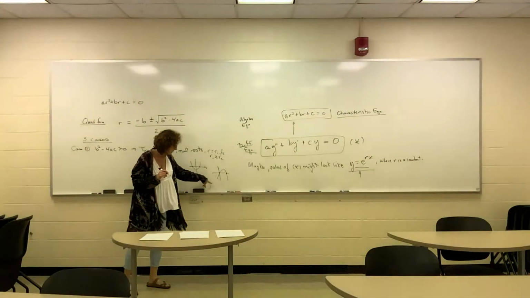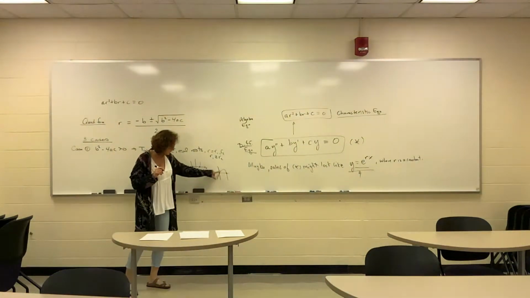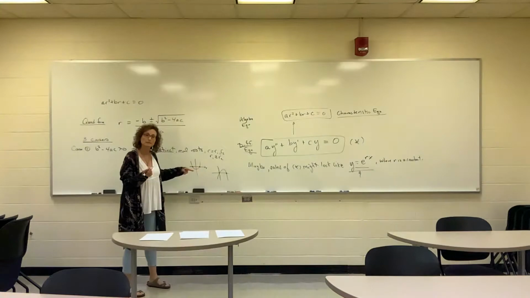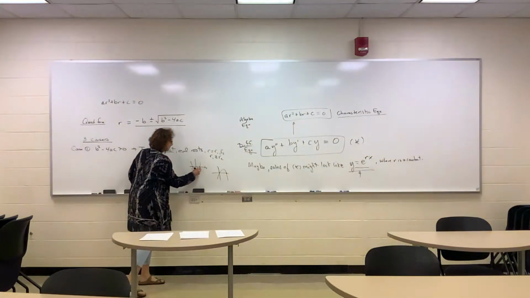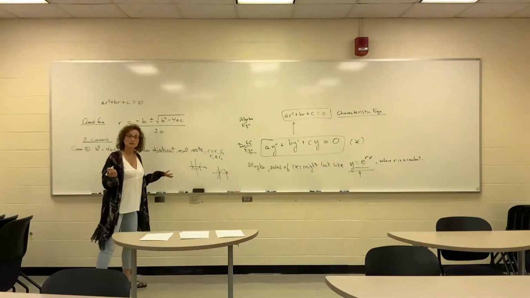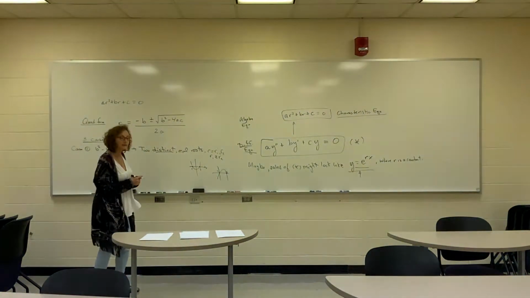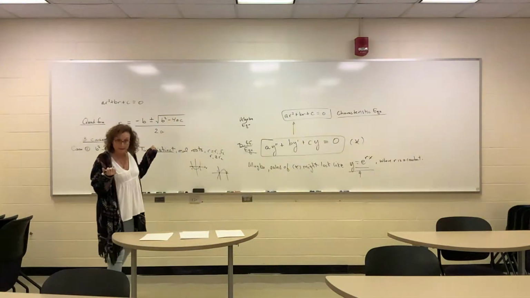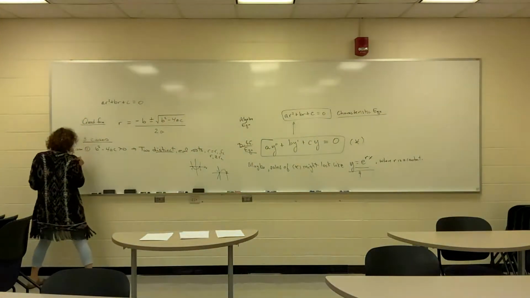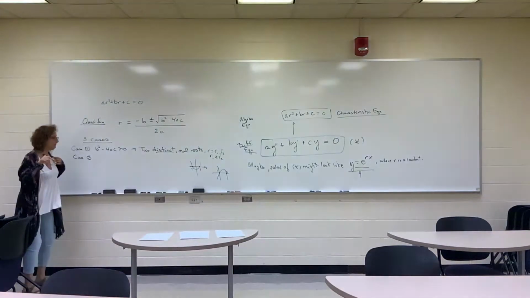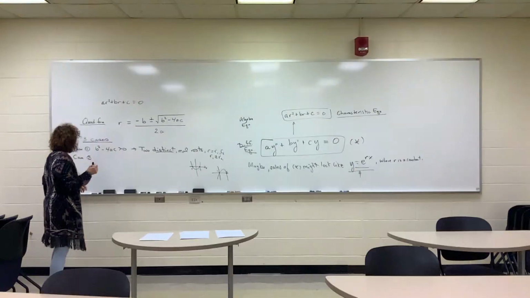But B squared minus 4AC is positive because it has two real roots, R1 and R2. Does that make sense? They're different and they're real numbers on the R axis. That's one case. That's the only case we're really going to talk about today, and we won't even finish talking about that, so there's quite a bit to go.